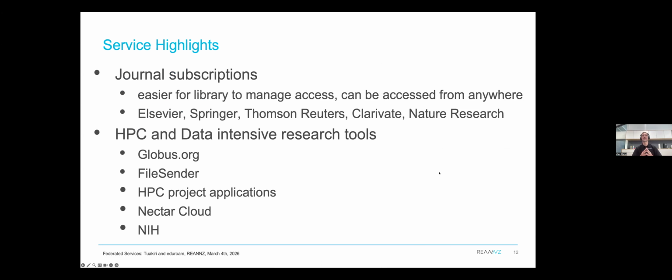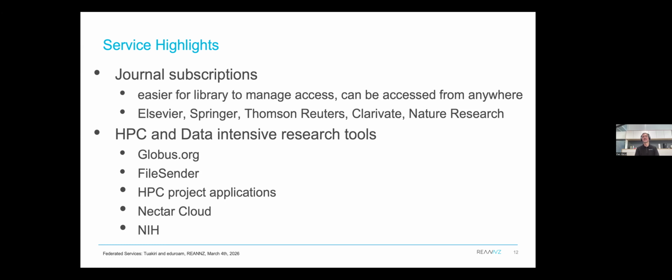If we look at just the highlights of the services available via Tuakiri, one big category is journal subscriptions, which make it easier for libraries to manage access. Instead of relying on IP restrictions, where subscribers can only access from an on-campus IP and cannot access it from where we're working remotely, authenticating to the subscription via a login means it can be accessed from anywhere.